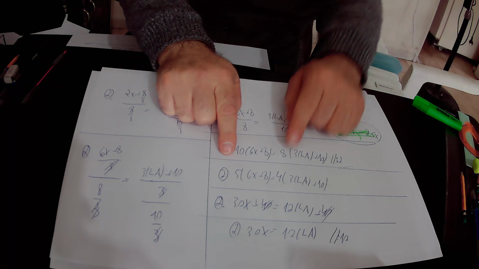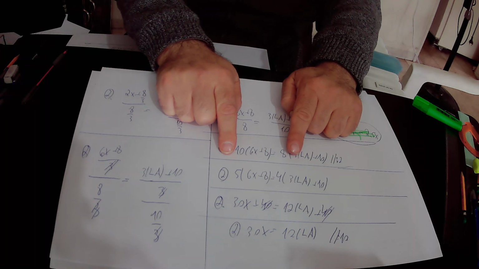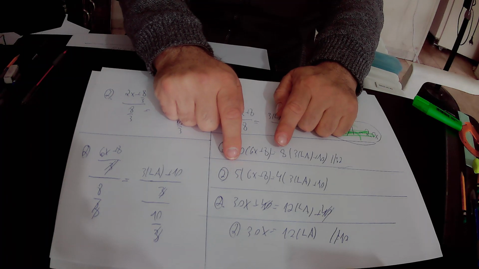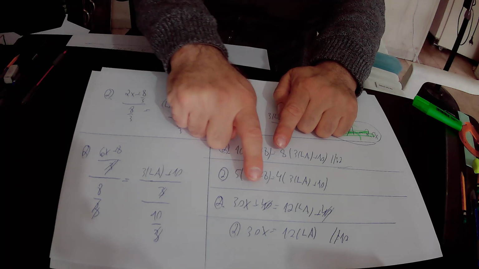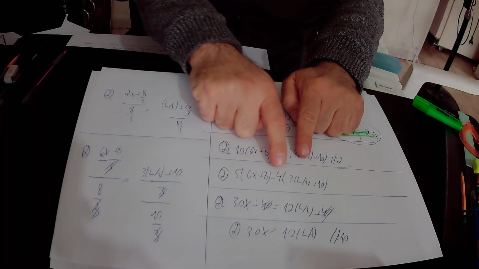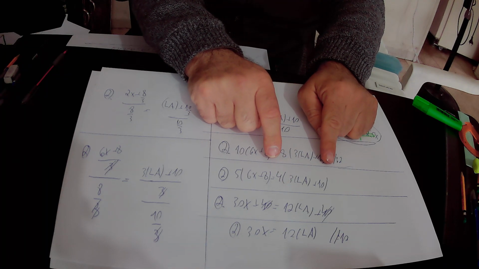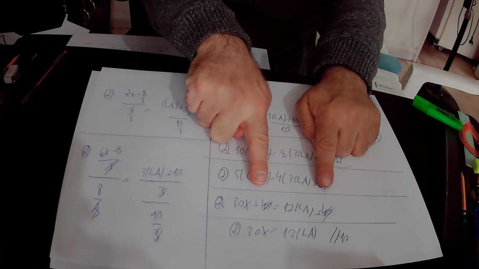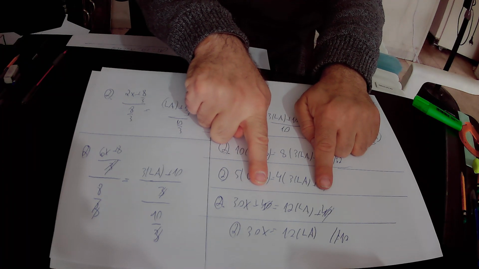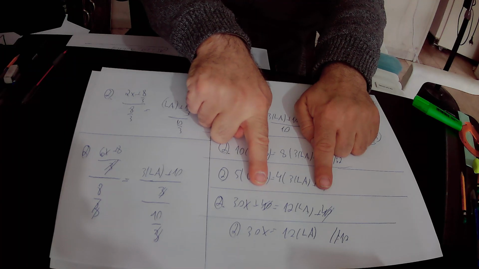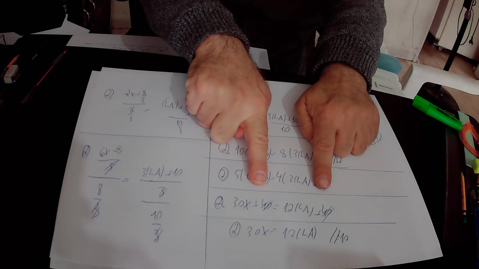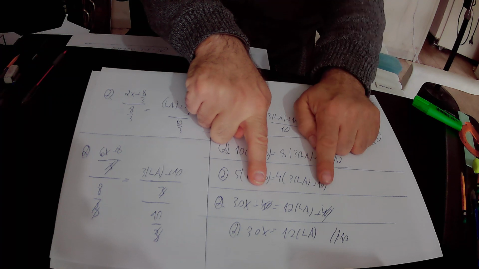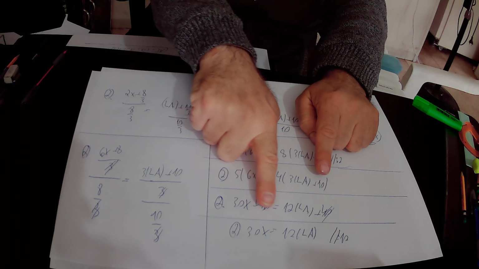Here we open the brackets on both sides of this equation 2, and found out that 5 times 6x is 30x, plus 5 times 8 is 40, that is equal to 4 times 3LA, that is 12LA, plus 4 times 10, that is 40. So here we have 40 on both sides of the equation, so 40 will get cancelled, and finally what is left after we cancelled 40 is 30x, that equals 12LA.